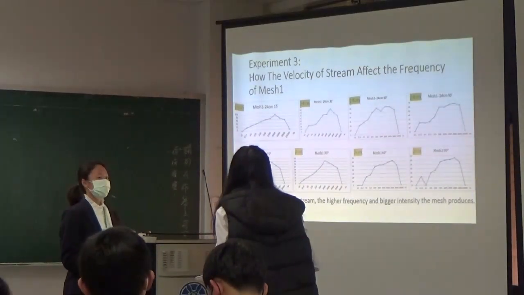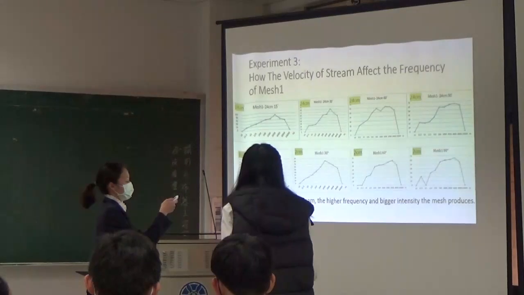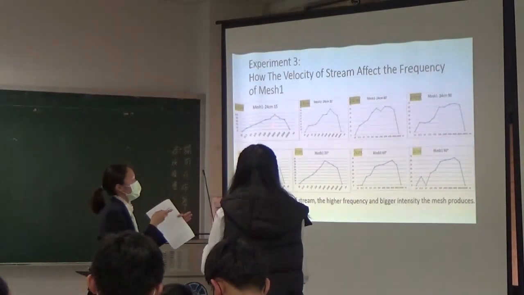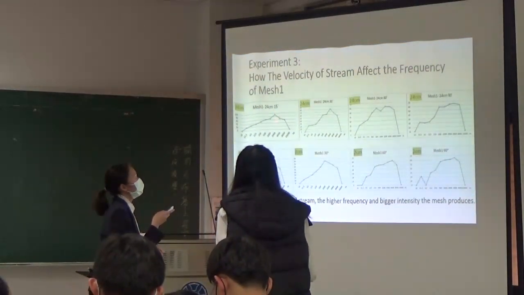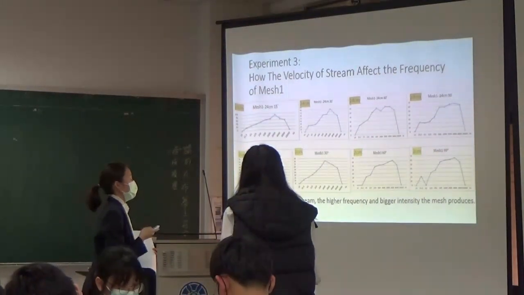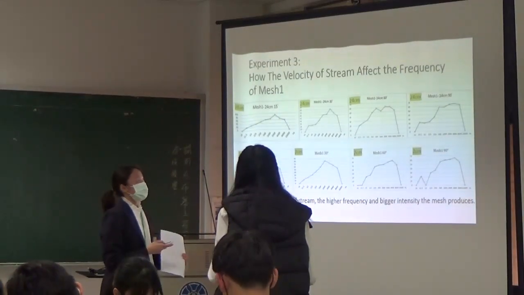Like velocity? Yeah, velocity. So for the velocity of the stream, you can see that we compare 24 centimeters and 2 centimeters. So here, the point is obviously higher in both frequency and intensity of the sound.